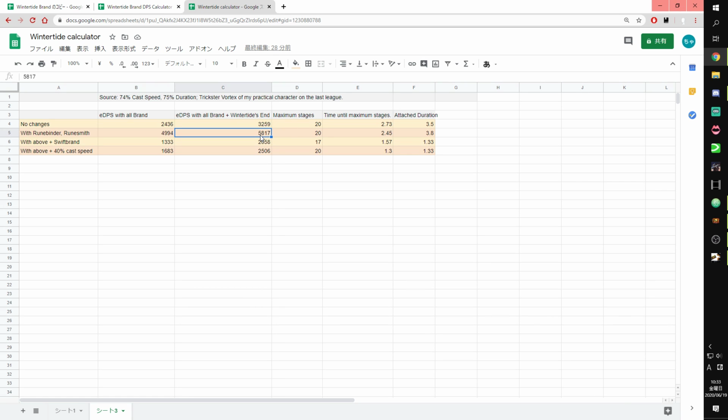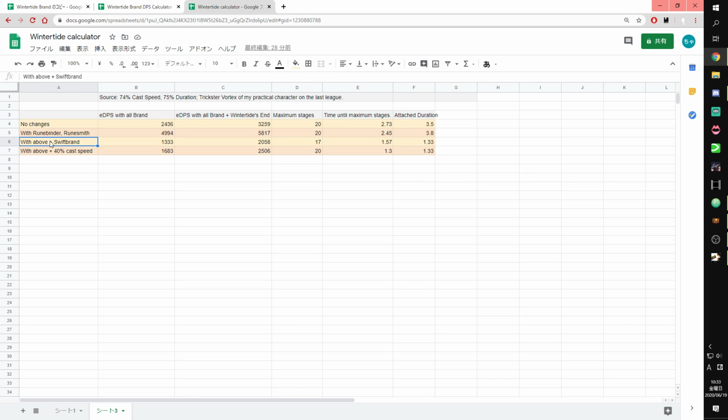So Rune Binder and Rune Smith is good for Wintertide, I guess. The maximum stage is also 20, and the time until reaching the maximum stage is 2.4 seconds. Attach duration is 3.8 seconds.